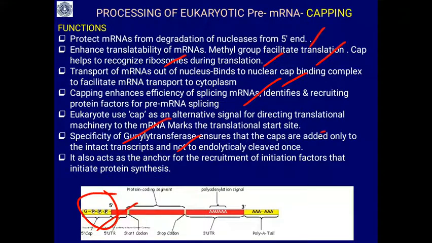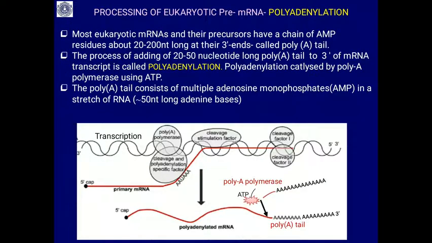So, it ensures an intact mRNA, the cap will properly secure the molecule, and it is the right transcript. All these are the functions of capping. It also acts as an anchor for the recruitment of initiation factors to initiate protein synthesis. So, these are the uses of the cap.